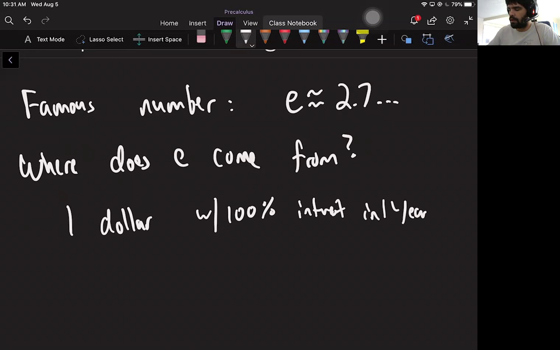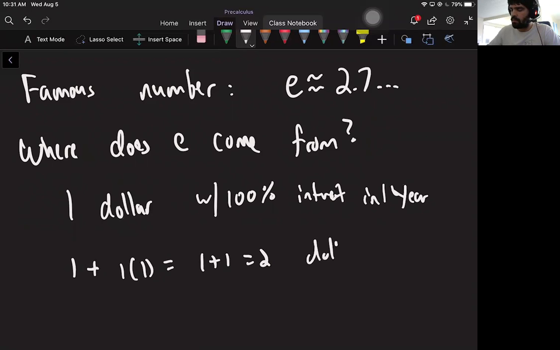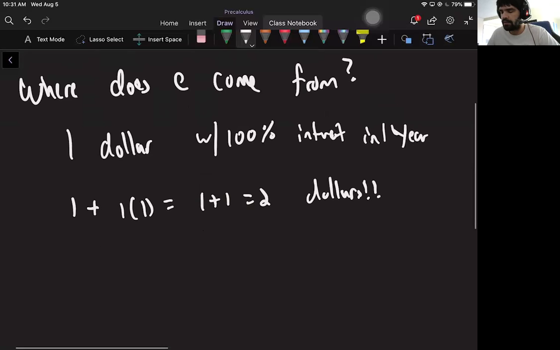So in 1 year, you get 100% interest. So how much money do you get then? You have your dollar plus 100% of $1 is 1 of $1. So you get 1 plus 1, you have $2, yay. But then you think, I want more money in that year, so I find this other, better bank.